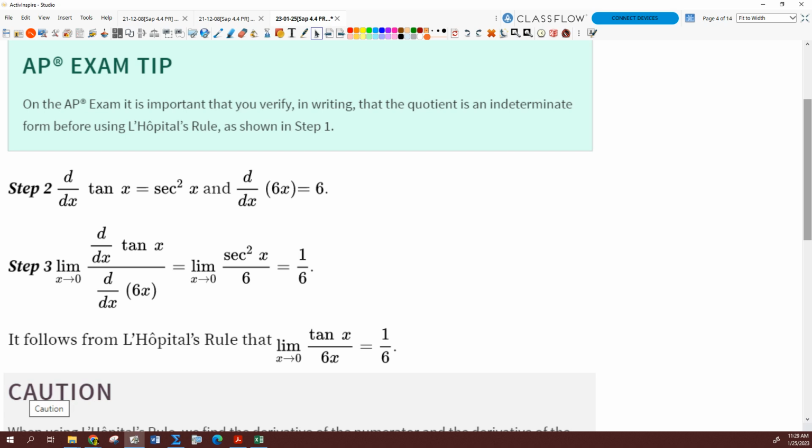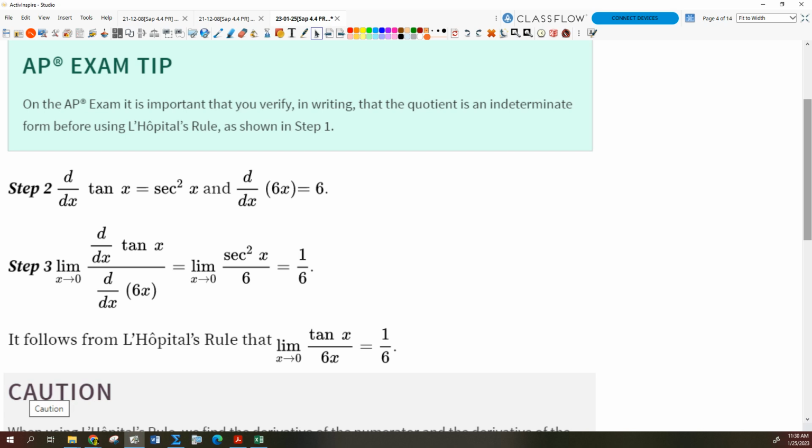I always think of secant in terms of sine and cosine. Secant is the reciprocal of cosine, right? So the cosine of 0 is what? 1, right? So then the secant of 0 is also 1. So secant squared of 0 is 1 squared, or 1. So I end up with 1/6, and that's my answer.